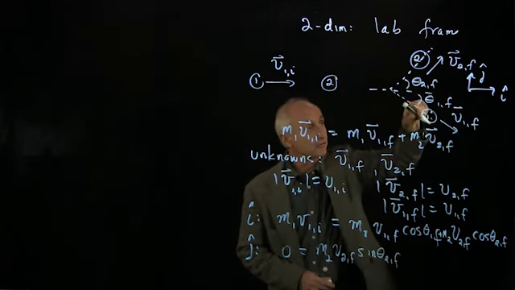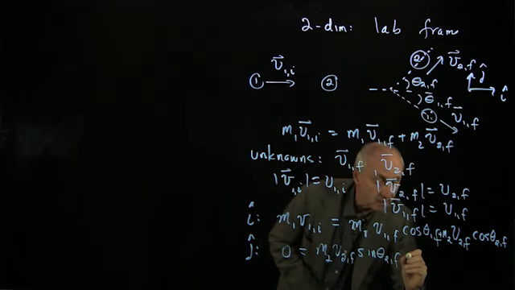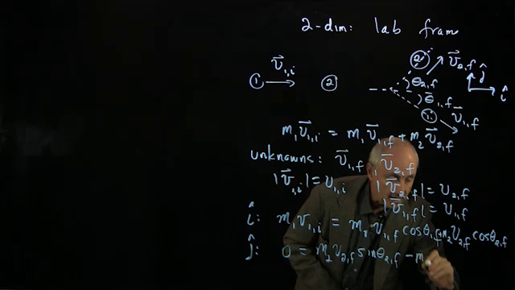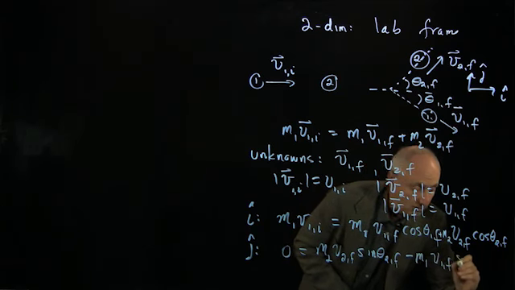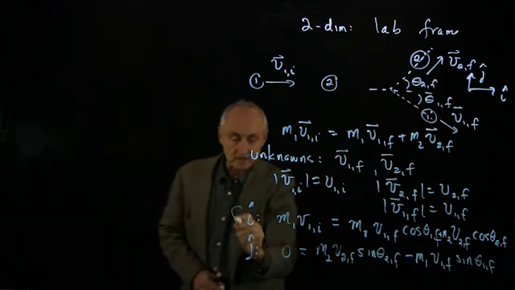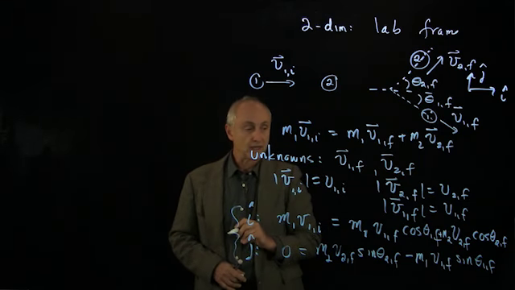Now, here's where we have to be careful because this one is negative. The component is in the negative j hat direction, and we have minus m1 v1 final sine theta 1 final. And these two represent our momentum equations.